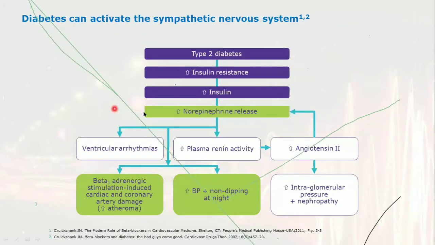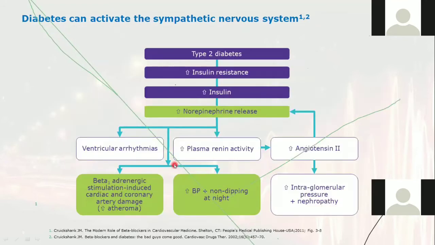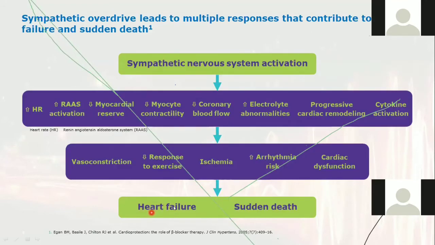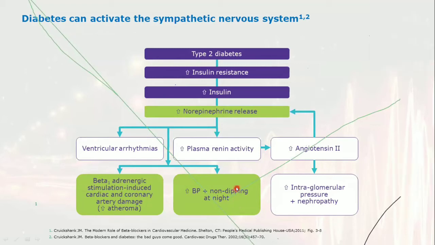The myocardial reserve is reduced, and all these actions which take place as a result of this increased sympathetic nervous system activity result in these changes which occur at different levels and result in arrhythmia risk, cardiac dysfunction, ischemia, and as a result of that, the patients can develop heart failure and sudden death. So overactivity of the sympathetic nervous system can have devastating effects upon the body system.